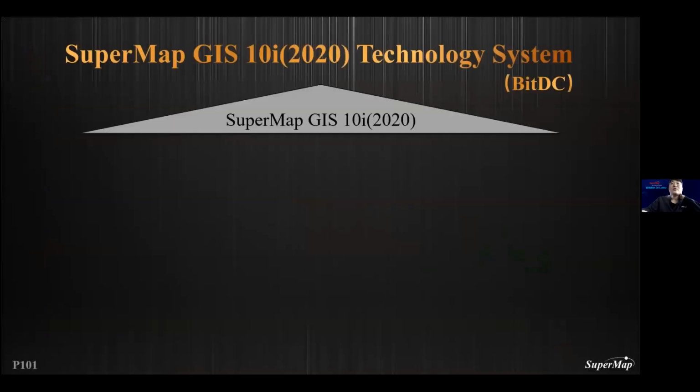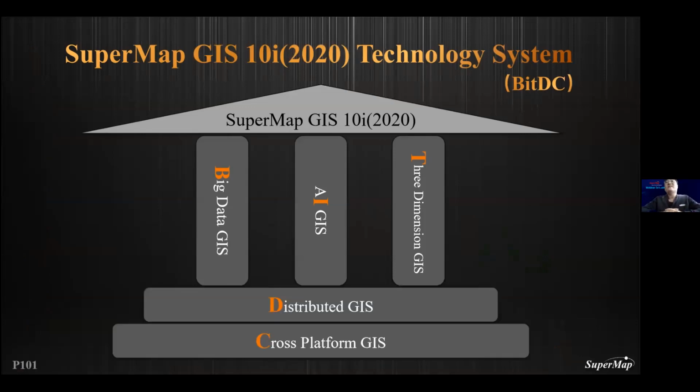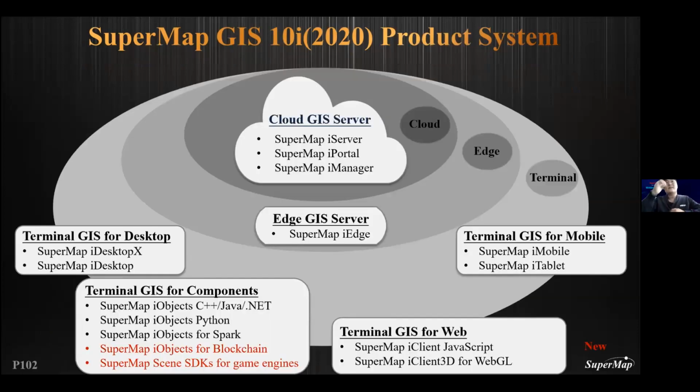As a summary, the SuperMap GIS 10i 2020 technology system is mainly BitDC, which is big data GIS, AI GIS, 3D GIS, distributed GIS, and cross-platform GIS. And this is our product system, provided by SuperMap.